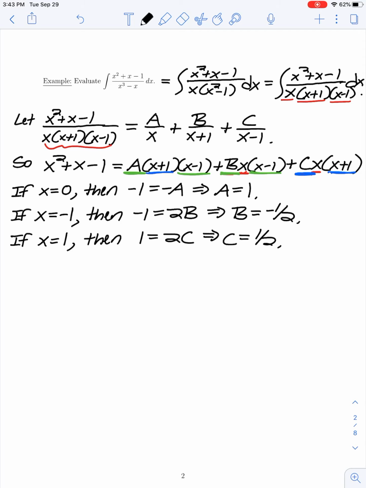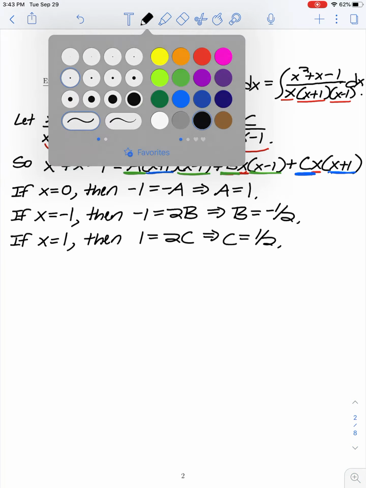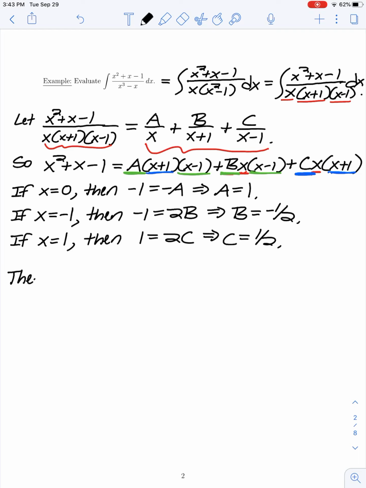So once I have the values for a, b, and c, I can rewrite my integrand as this partial fraction decomposition, and let's see what we have. So we're now looking at the integral of a over x, where a was equal to 1, plus b, which was -1/2 over x plus 1.